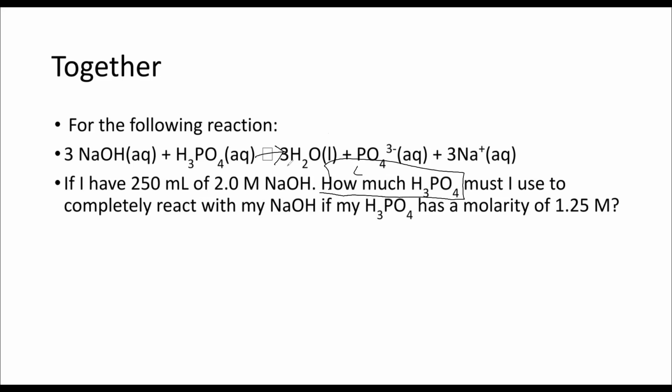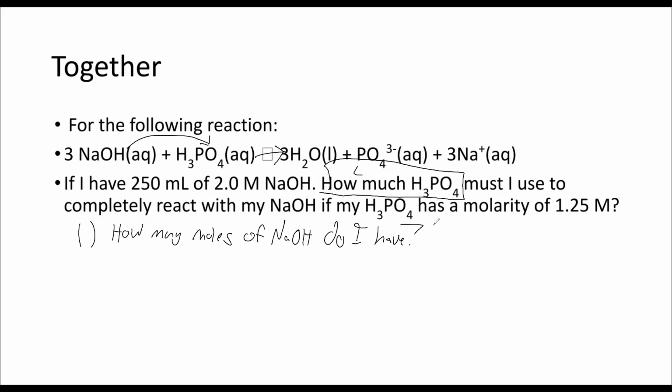If I'm starting with NaOH and eventually my answer is going to be in H3PO4, the only way to convert between one molecule and another in a chemical equation is if you're in the unit of moles. So my first step is to figure out how many moles of NaOH I have, and we just did that on that Slido question.